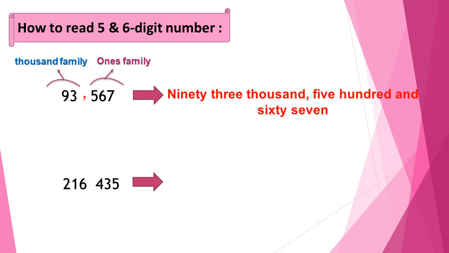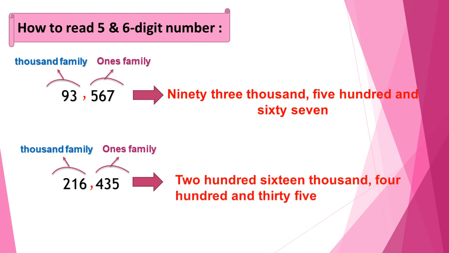Another example. We put a comma after 3 digits from the right. Then we have thousands family and ones family. We start from the left and read the number with its place. 216,435.